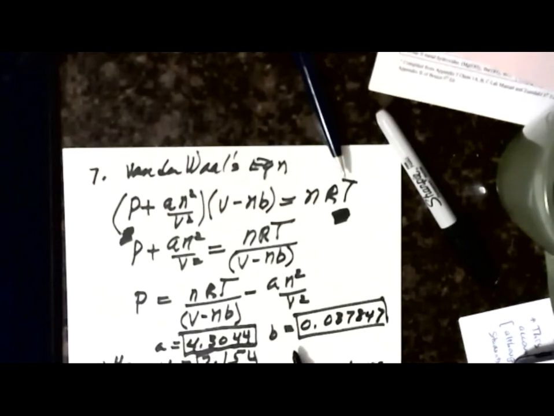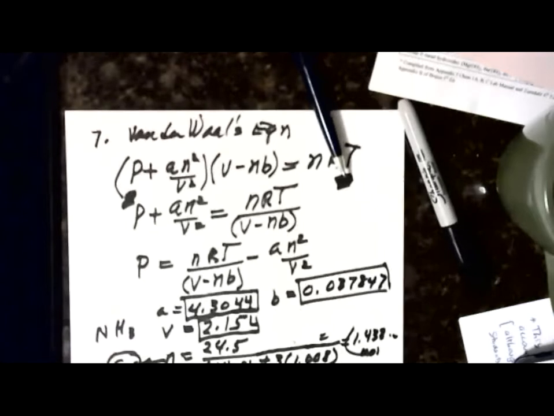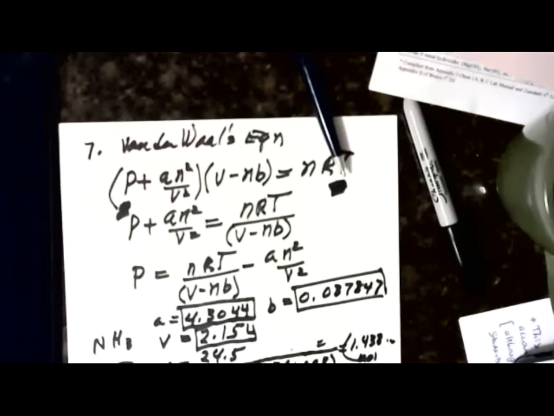Now, if I haven't screwed up somewhere, when I push equal, I ought to get the answer. So let's try and see what I did. Okay, what I came out with is the pressure is 30.370 atmospheres.